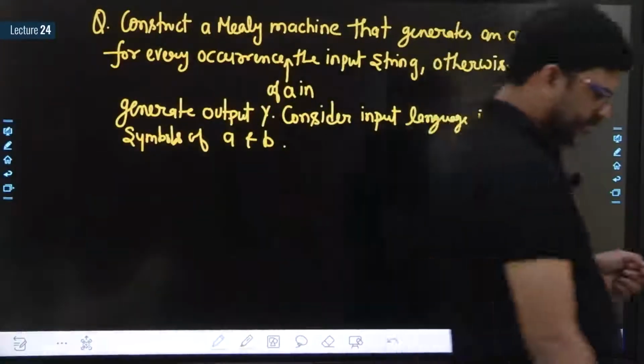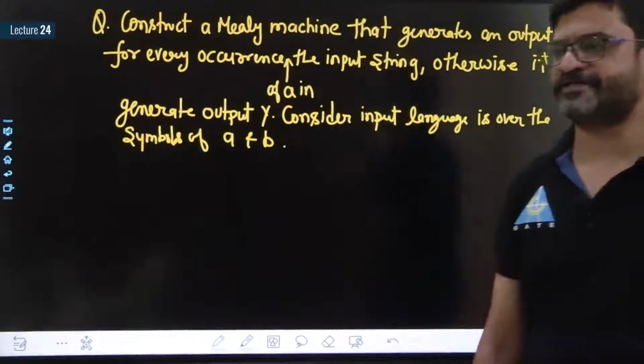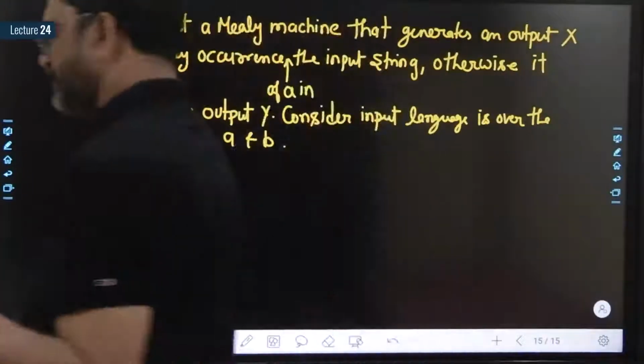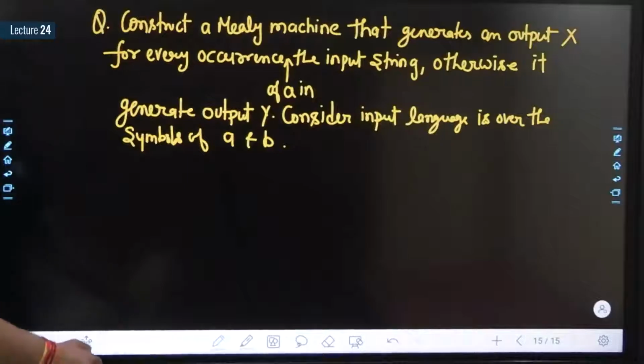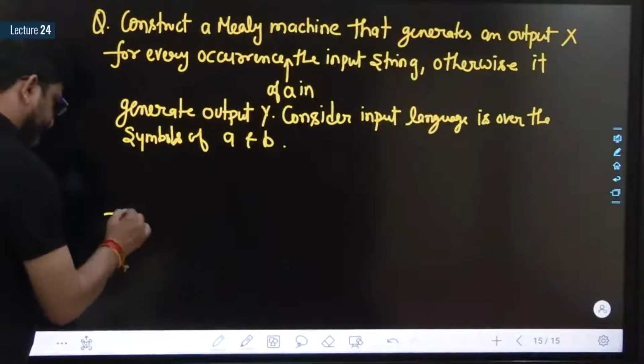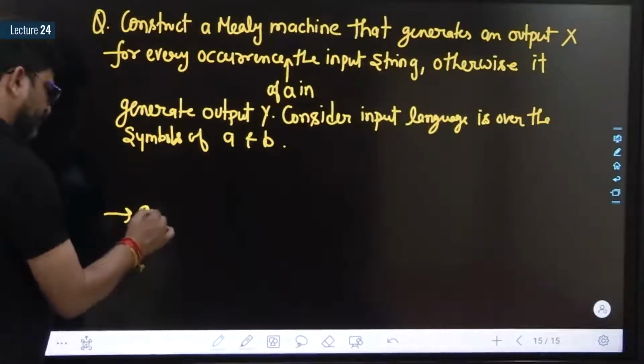Make the Mealy machine. In Mealy machine, output is associated with the transition function. See first question. Q naught.